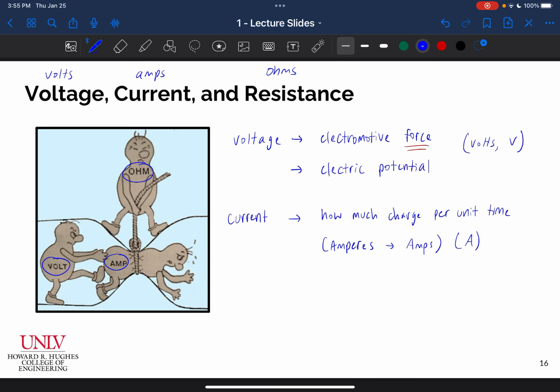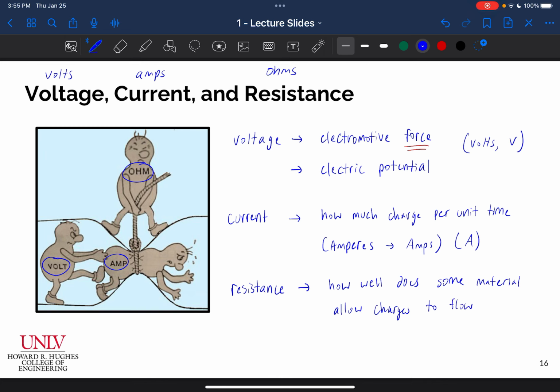And so the voltage is the force that pushes the charges through the circuit. Current is a measure of how much charge flows through some portion of the circuit per unit time. And lastly, we have resistance, which basically tells us how well does some material allow charges to flow?